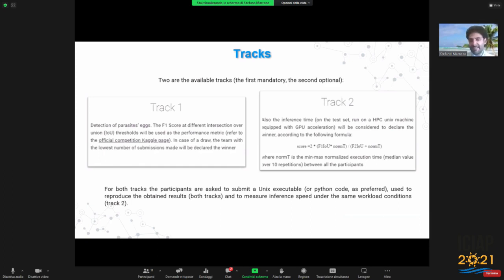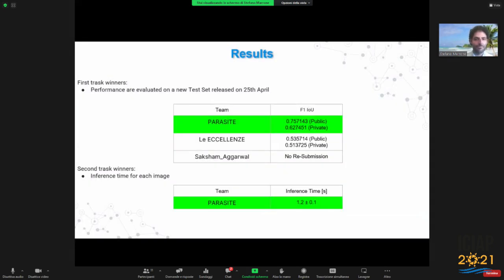For both tracks, we asked participants to share the code in order to make sure that it was possible to reproduce the obtained results, as in this case, the data was focused on animal production. Results showed that detecting these eggs is not trivial, and that's the reason why we still want to push towards the definition of automatic tools for fecal egg detection.